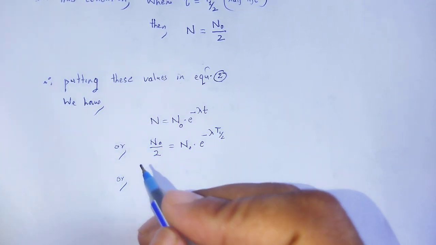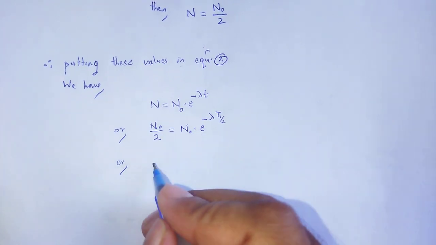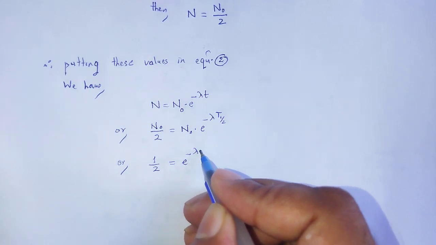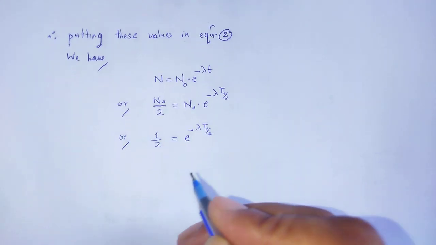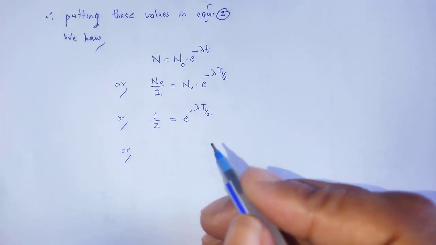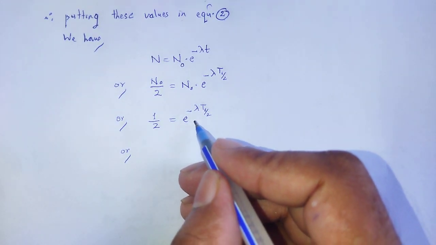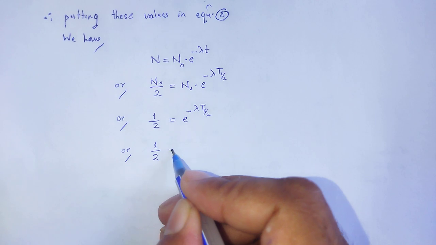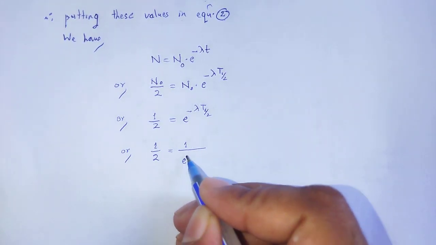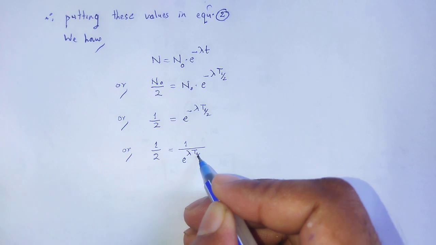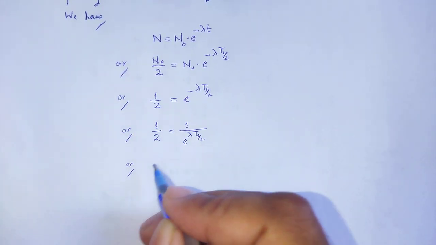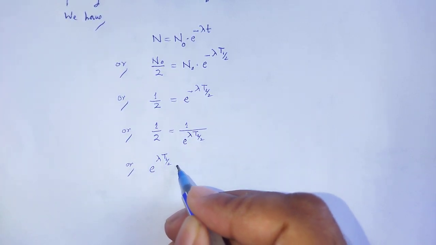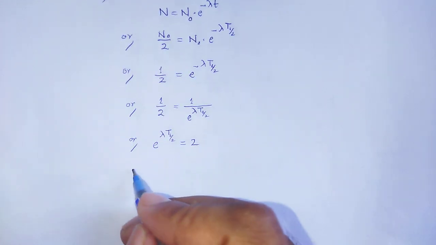Or, N naught cancelled out, half is e to the power minus lambda t half, or one by 2 is 1 divided by e to the power lambda into t half, or e to the power lambda into t half is equal to 2.